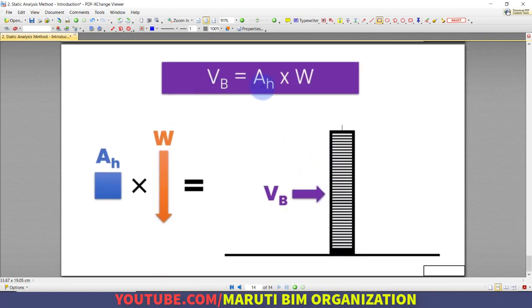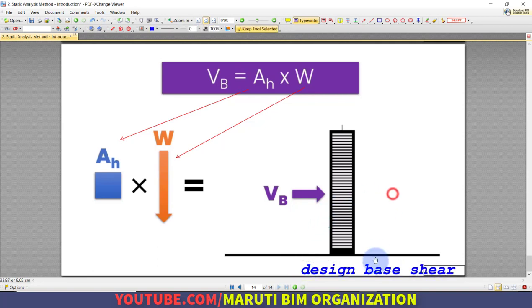So VB equal to AH into W. So this is the formula. First of all, we will calculate the AH. Then after we will calculate the W, and we will multiply these two values, and we will get the VB, that is design base shear. So VB is nothing but the design base shear.